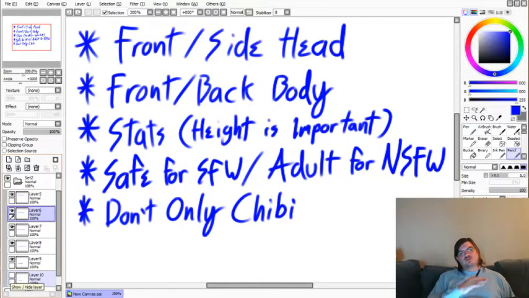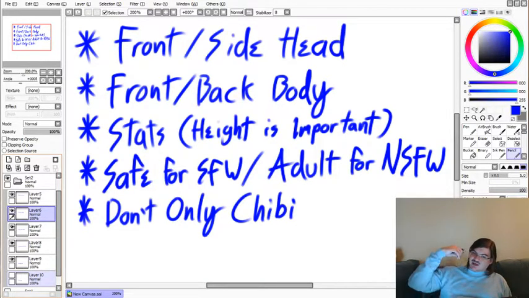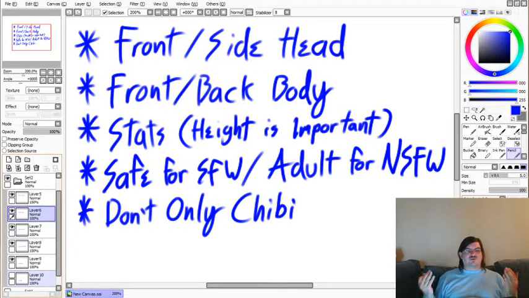Moving on. Don't create a reference sheet that's just chibi. There's a huge reason for this. With chibi, there's about 25 different types of chibi art, and they're almost always specific to the artist. So when you have a reference sheet that's just chibi and you request something that is not chibi, you actually create a bit of an issue because you eliminated a lot of the important information.